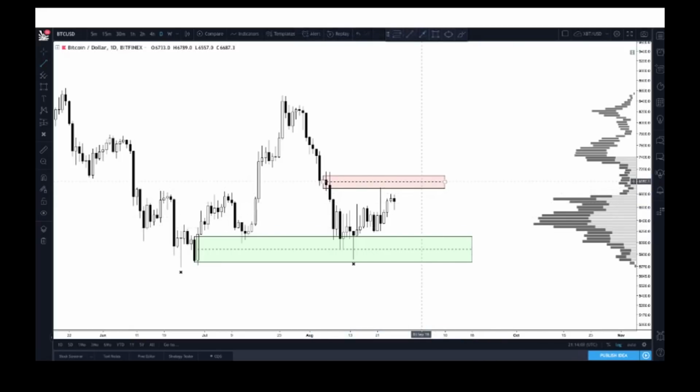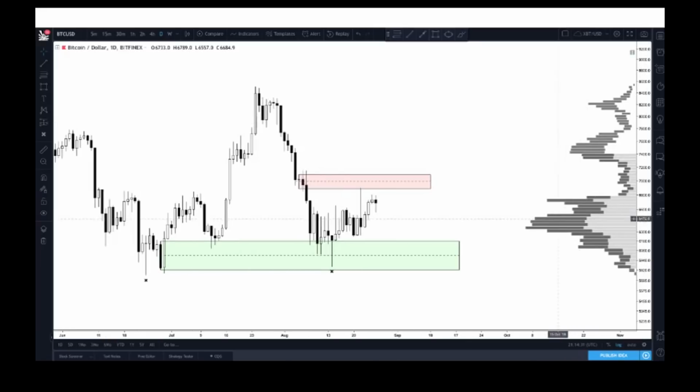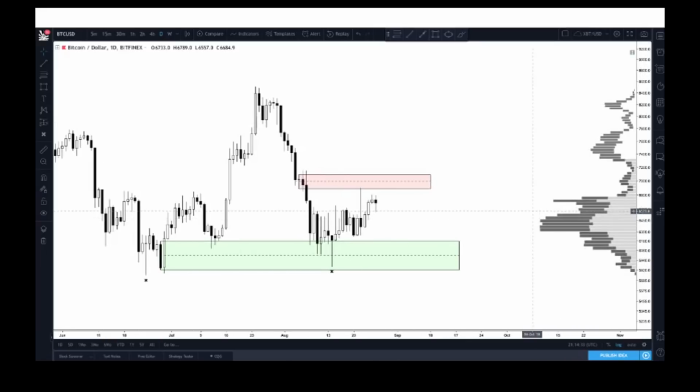I'm sorry, I'm gonna lower that a bit. I usually use the fib tool to measure the EQs. There we go. OCD. But yes, okay, so this would be the primary daily supply that I'd be looking for.